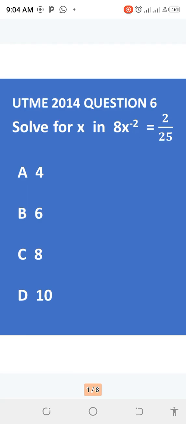In this section, we will solve some past examination questions. This is Indices Part 2. In Part 1, we learned the laws of indices, about 7 of them.